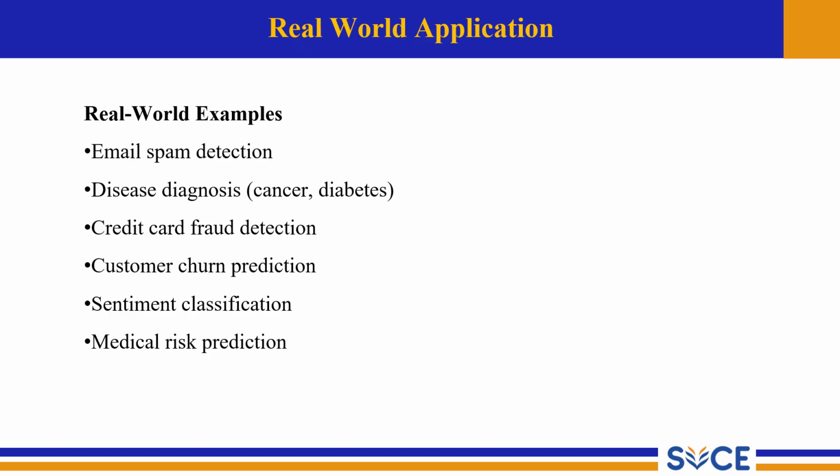It is also used in credit card fraud detection, where the model predicts whether a transaction is fraudulent or genuine. Another important application is customer churn prediction, helping companies identify whether customers are likely to leave so they can take preventive actions.